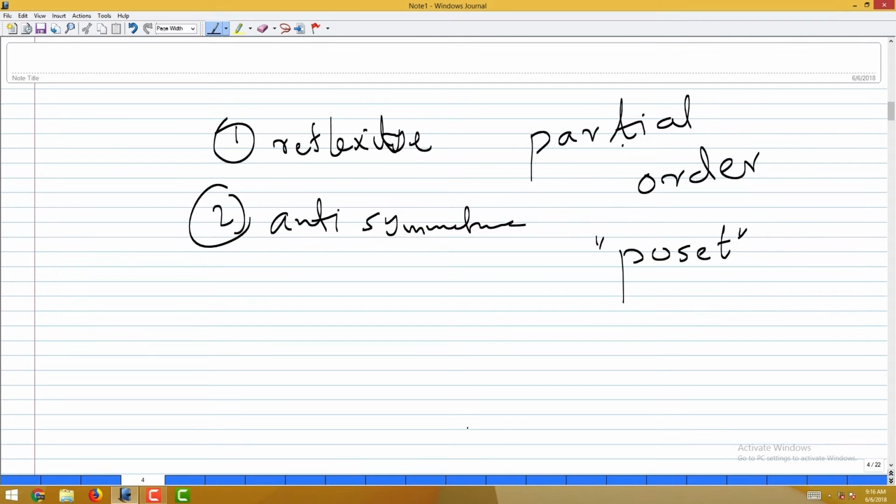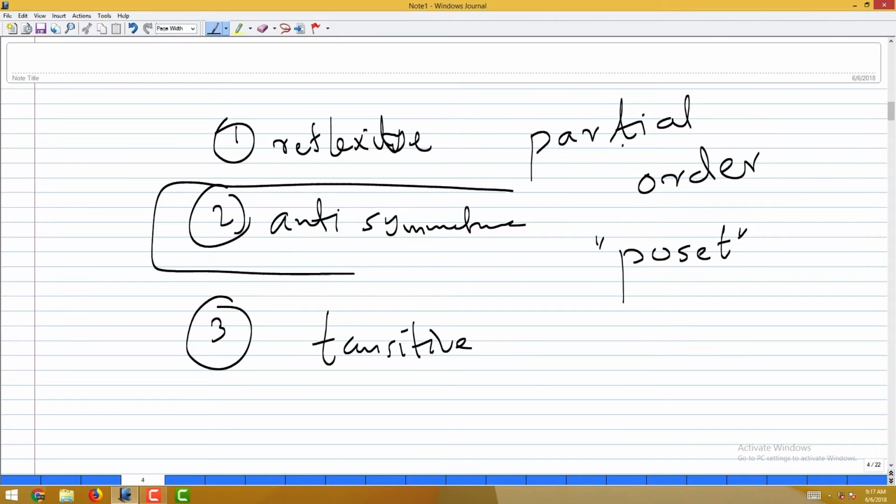But here we say that exactly one orientation is allowed. That is antisymmetric. Third one is again transitive. So, transitive we have already seen, right. So, the difference is only here, this makes a big difference, right, that makes it more non-trivial.